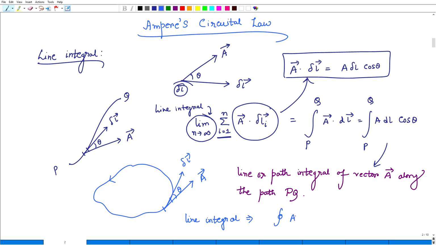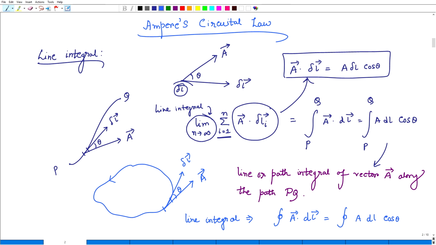So it will be closed integral of A dot dl. Just the same, just closed integration. So it will be A dl cos theta for the closed loop, and for open this. This is also a line or path integral, but for a closed path, and this is for the open path.